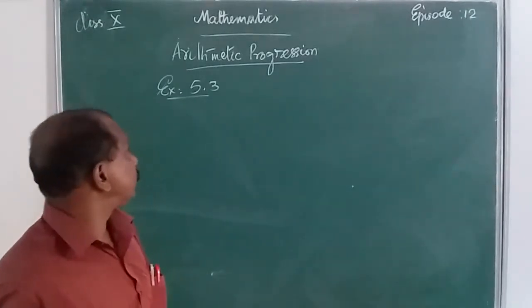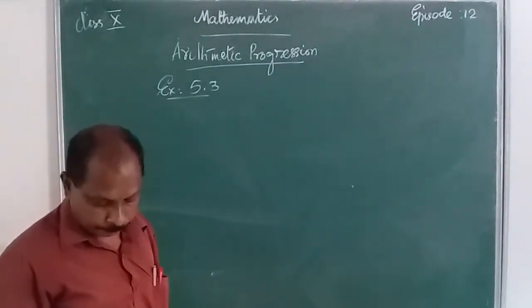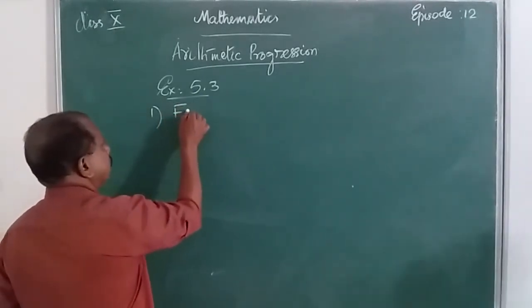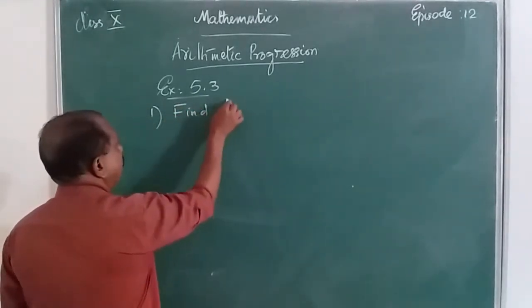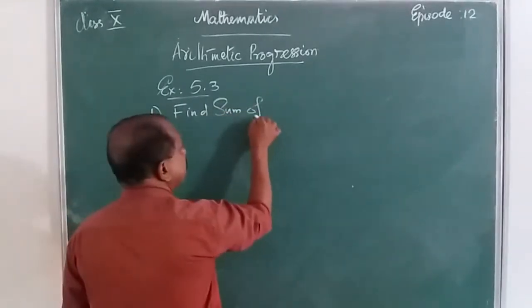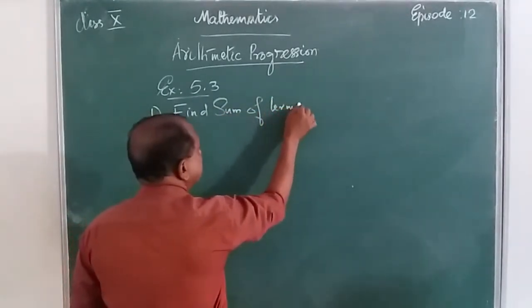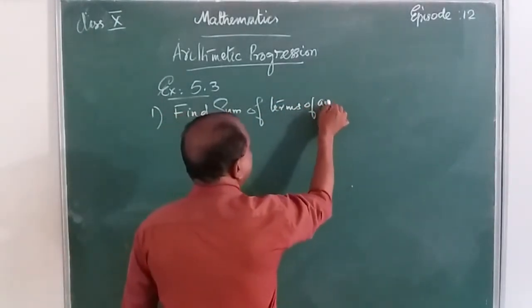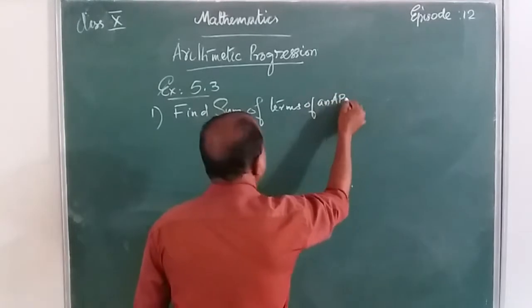Then the first question of exercise 5.3 is question number 1. Find the sum of the terms of an AP.